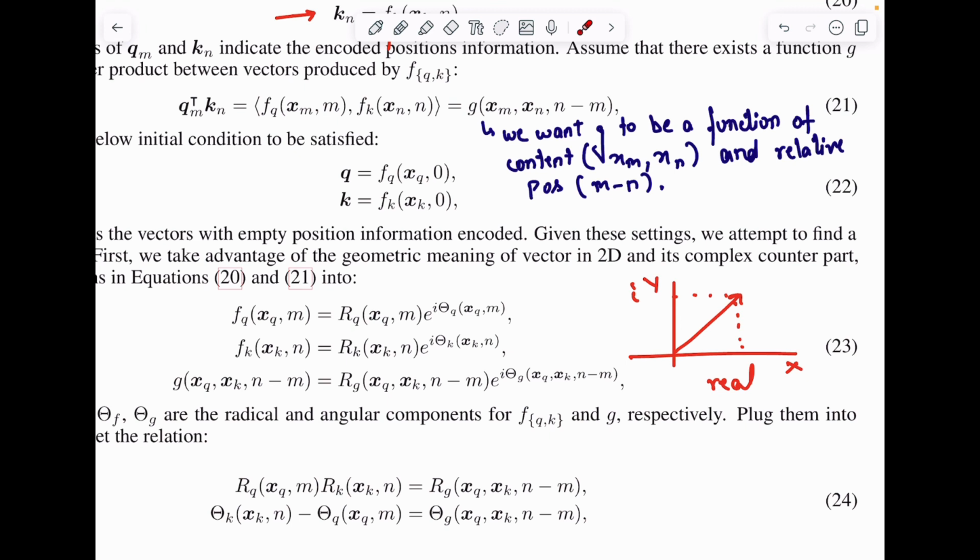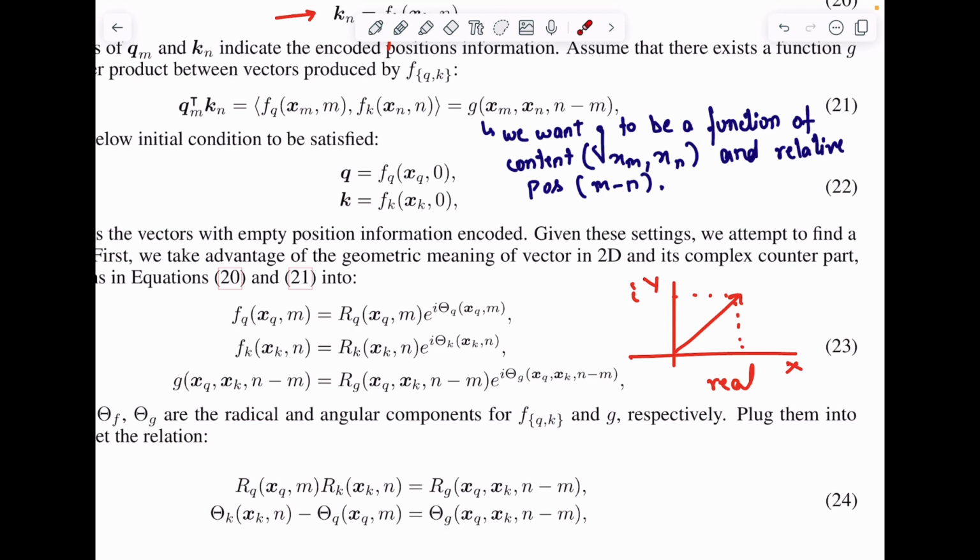It can be represented as a vector. Again, we represent it as rg, which gives you the magnitude of this vector, which will depend on xq, xk, and the difference between these two positions, and this is the angle corresponding to that. So far so good. We are simply defining some notations.